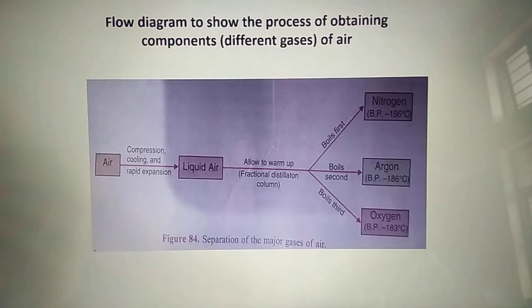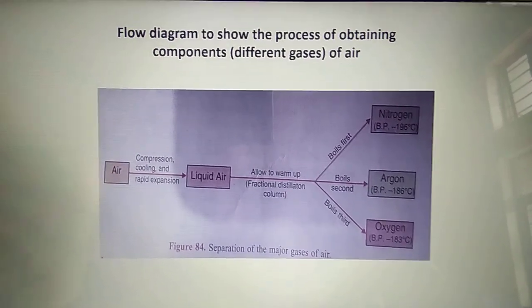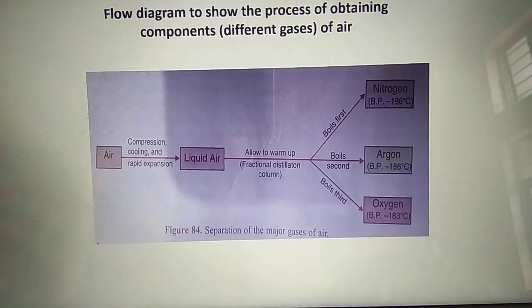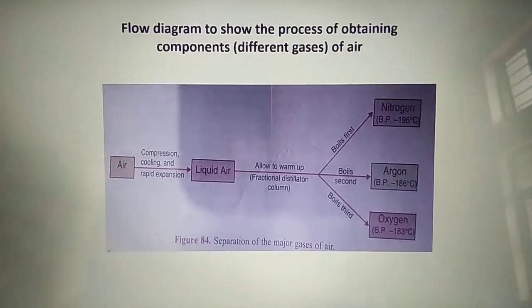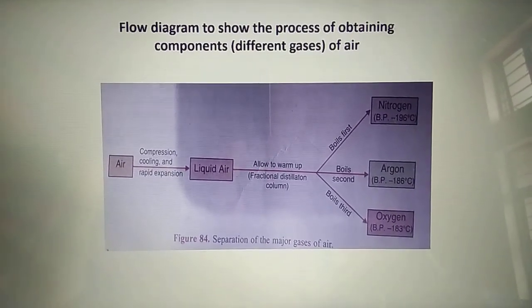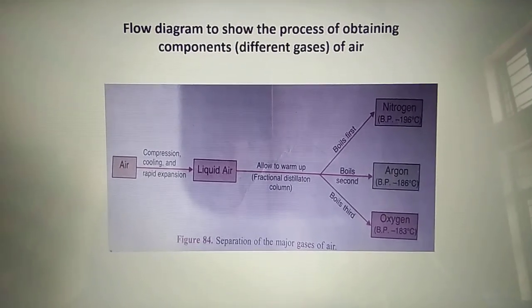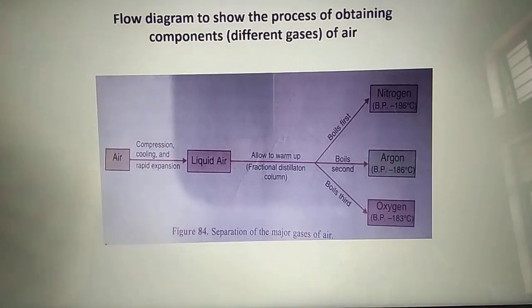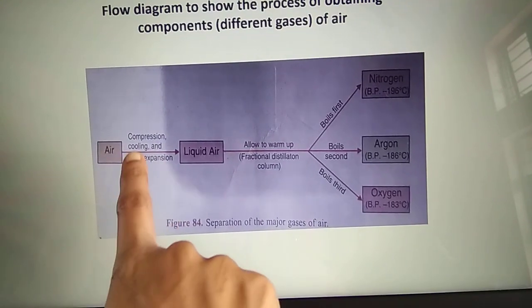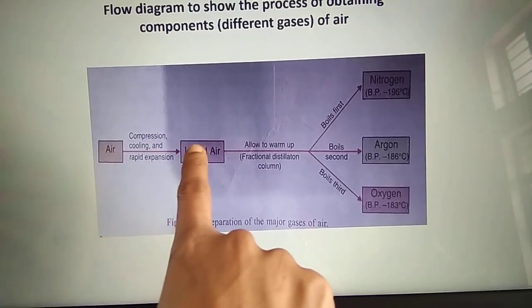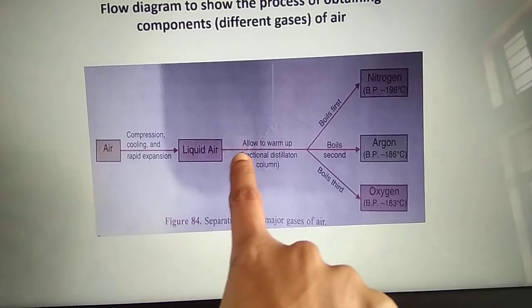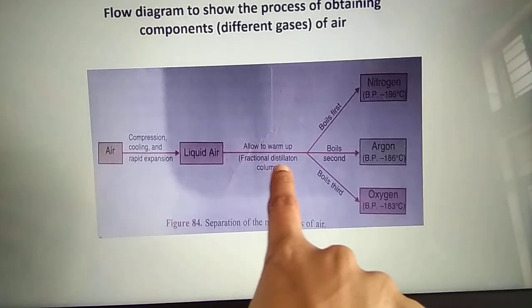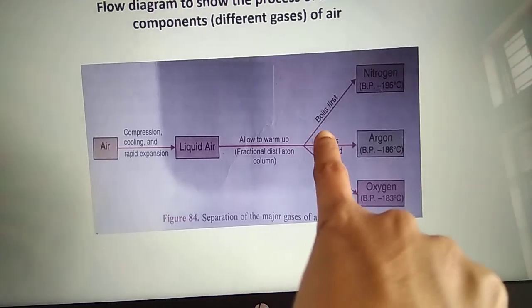The flow diagram can also be shown to separate the components of air. Sometimes the question is asked, with the help of a flow diagram, describe the process of separating the different components of air. The same way we have written air, compression, cooling and rapid expansion, it will convert into liquid air. Then it is allowed to warm up in the fractional distillation column.